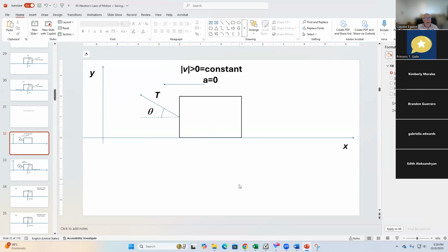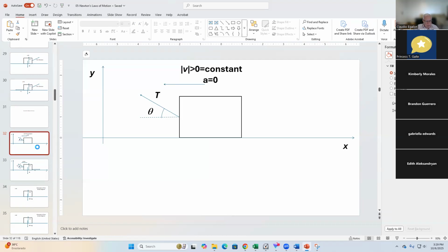Here you go. Angle theta. Because the object is moving with constant velocity and the acceleration is equal to zero, the net force is going to be zero. Because the net force is equal to zero, there will be a component along the x direction that's going to counter the x component of the tension.